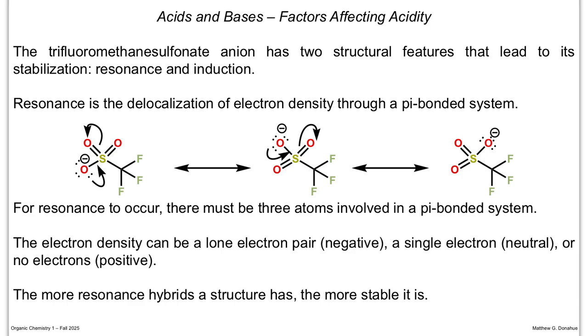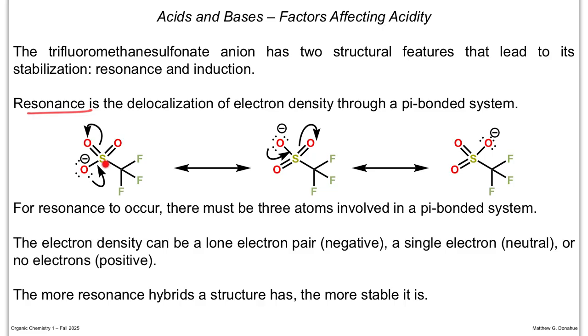So the first factor is going to be resonance. When that oxygen accepts the lone pair, it gets a negative charge. Because it's an ion, it's going to be a different energy than what it started with when it was neutral, right? So that negative charge, if you want to think about it, is kind of not happy.